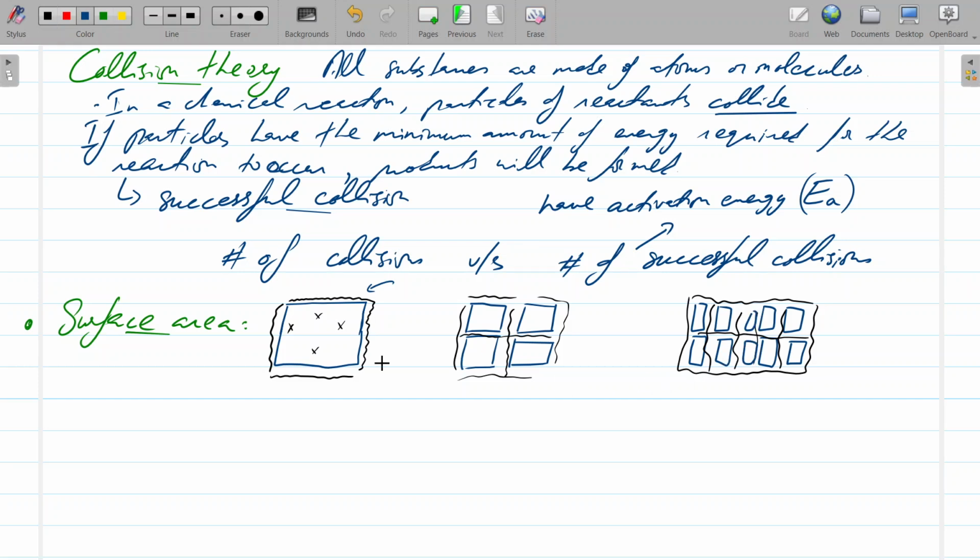The finer it is, the smaller the granules are physically, we're not talking about particles in the sense of atoms or molecules, the more granules there are, the more surface area there will be. So the finer the solid is in terms of its granules, the more surface area is available.